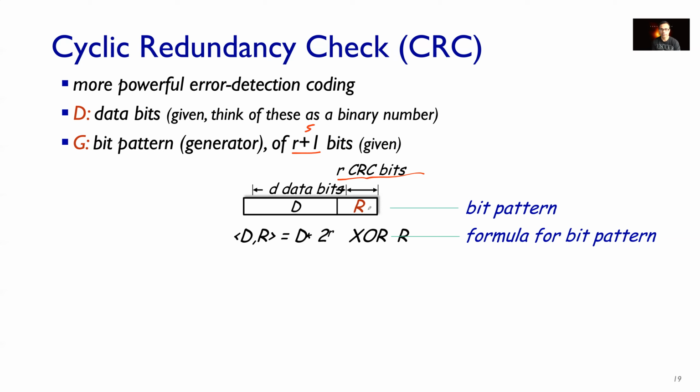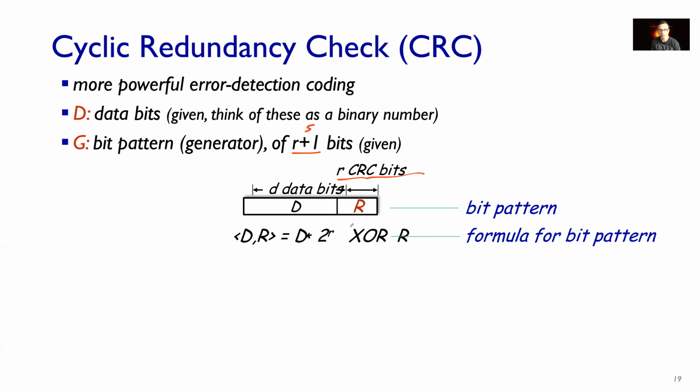The sender runs this algorithm and deduces the actual r-bit pattern, 4 bits for this example, that should get appended. That's referred to by this capital R here. So what the sender actually sends is D appended by R. So that gets sent out.